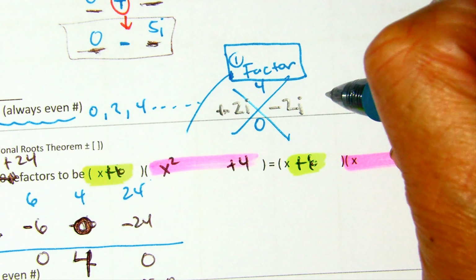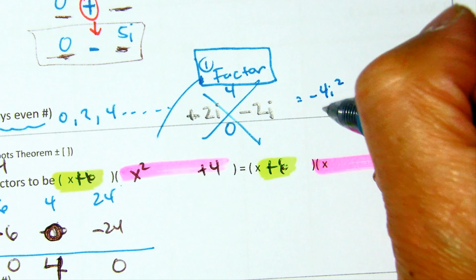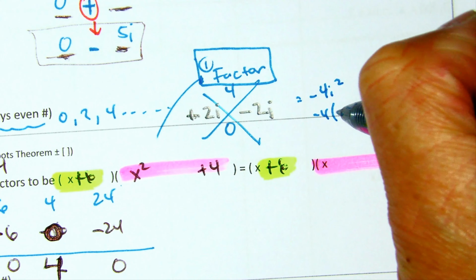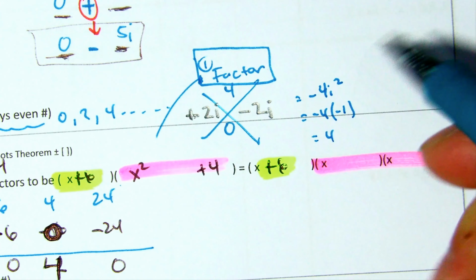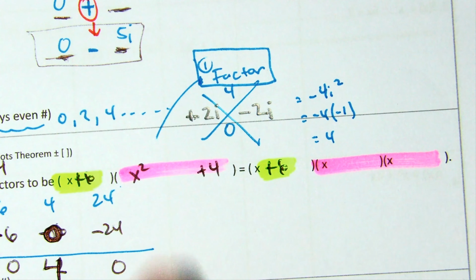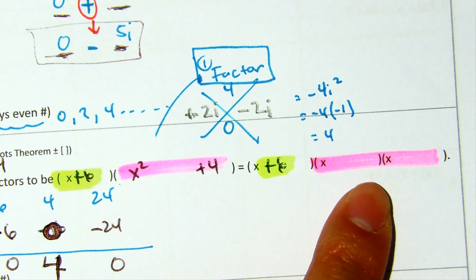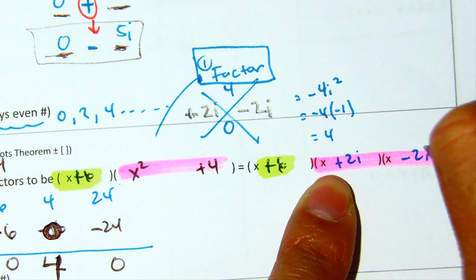That becomes negative 4i squared. I squared is equal to negative 1, and negative times a negative is positive. Okay? So, one way that I get my answers is x plus 2i and x minus 2i. Okay?